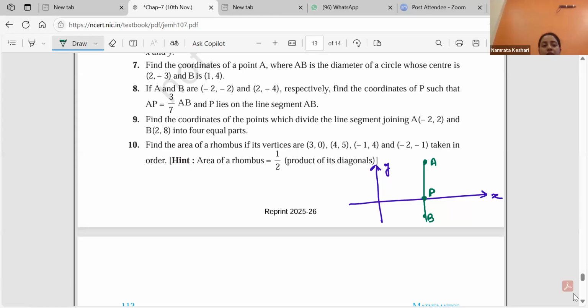Afreen, Rayan, Samya, Inan. Anyone having any doubt? If you have a line divided by the y-axis, that means the point P is sitting on the y-axis. Getting it?